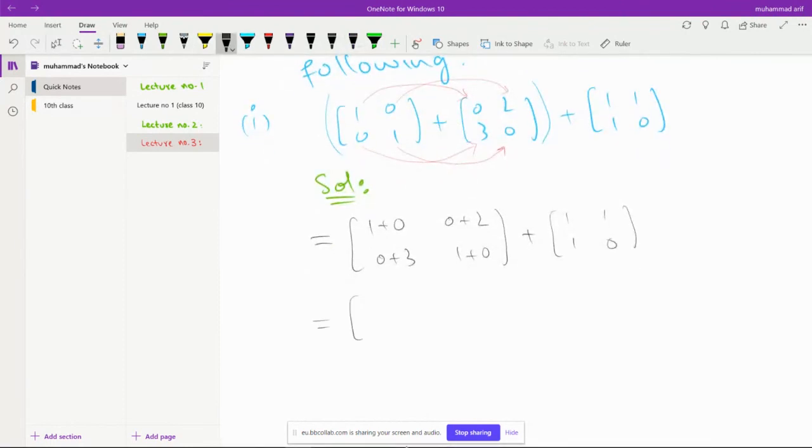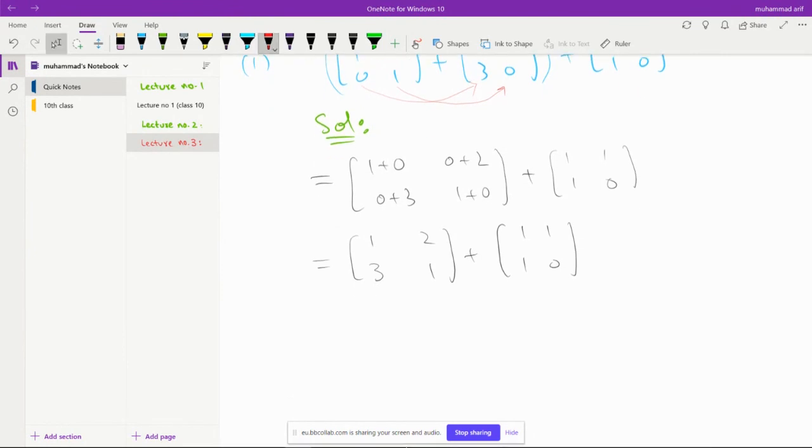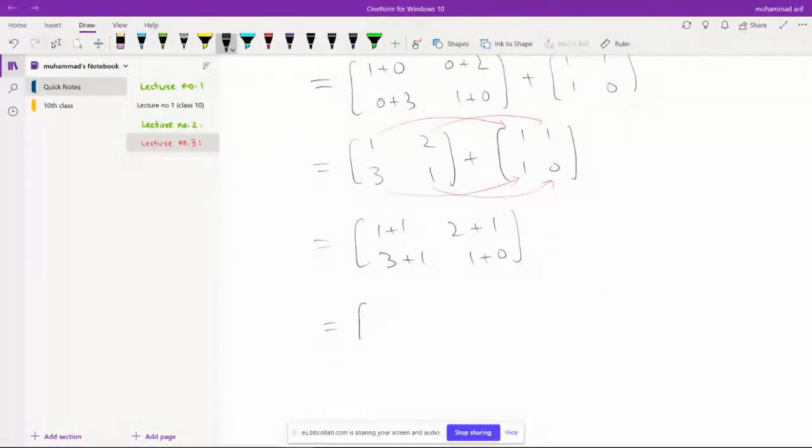After simplification, it becomes [1 3; 2 1] plus [1 1; 1 0]. Now we add these two matrices again. The first element with the first element, the second element with the second element, similarly the third element with the third element, and the fourth one with the fourth element. It becomes 1 plus 1, 2 plus 1, 3 plus 1, 1 plus 0. After simplification, it becomes 2, 4, 3, 1, which is the required answer.